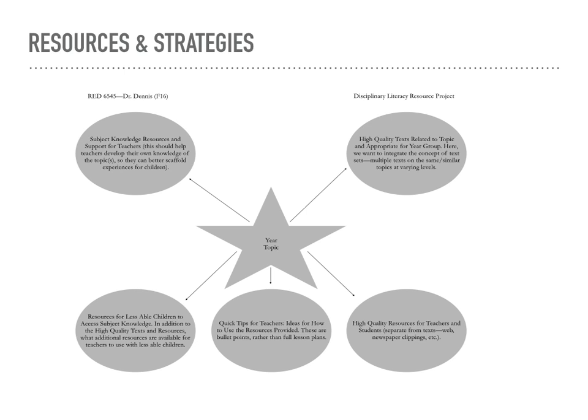So there is also a bubble here that talks about resources for less able children. So they refer to children who struggle with learning or have more difficult times with literacy as less able. And so when you hear that from me, you'll understand why I say it that way.